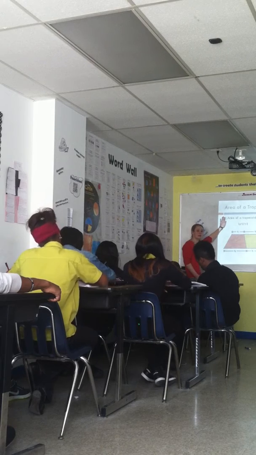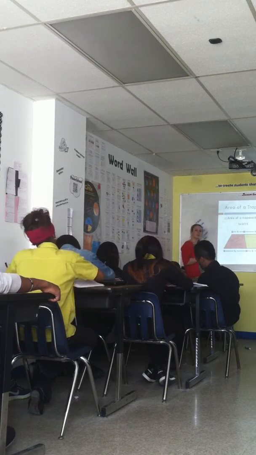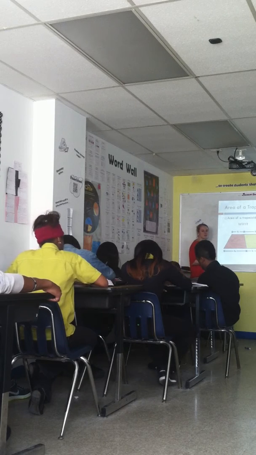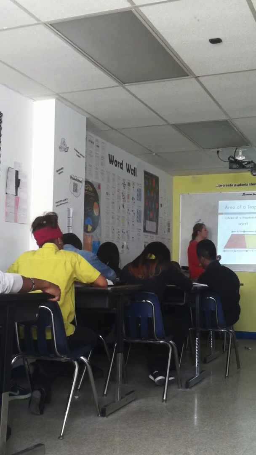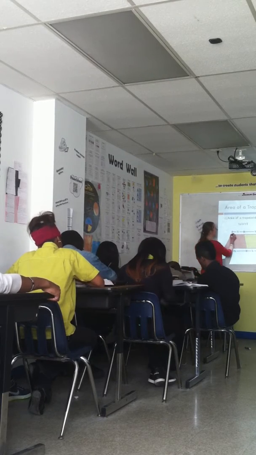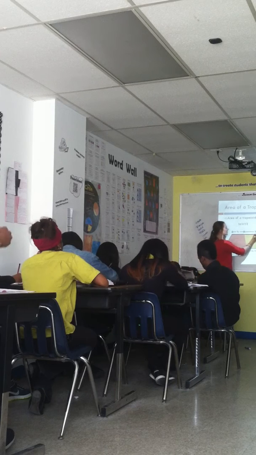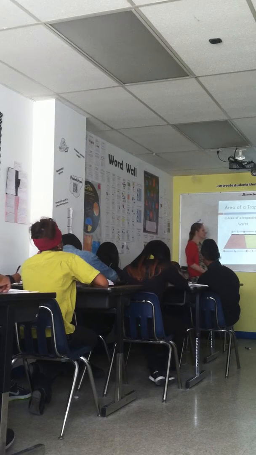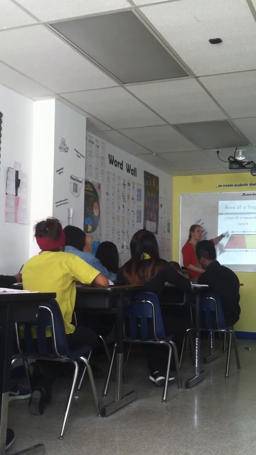Area of a trapezoid, again, is half of a parallelogram. The length of this parallelogram is the two bases added together. If we flip the same thing, put it right next to it, the bases of our parallelogram here are the small base plus the bigger base. That's what makes the trapezoid a little different.